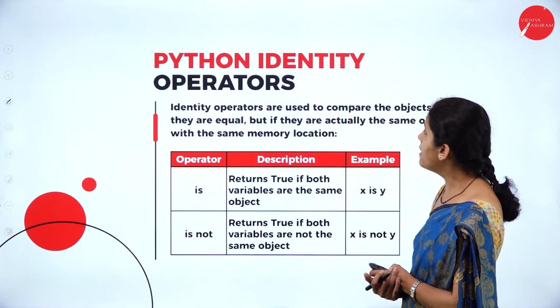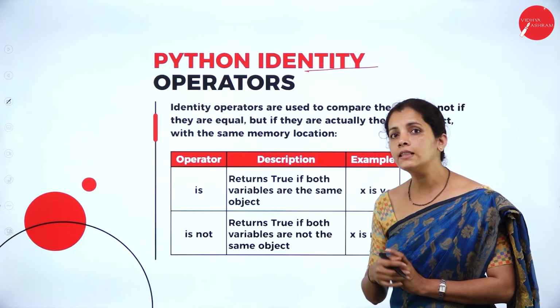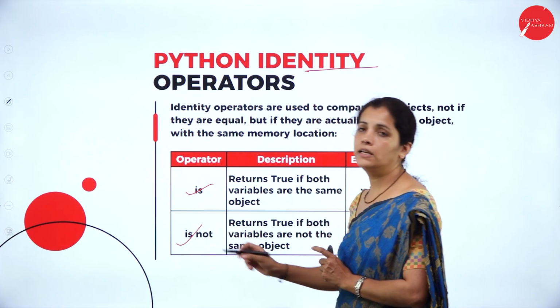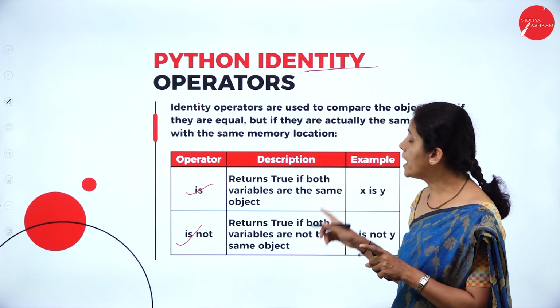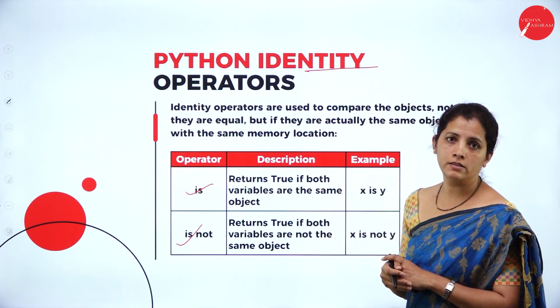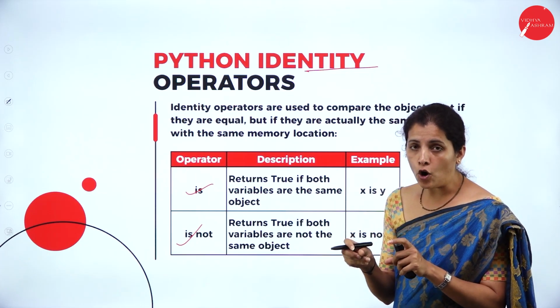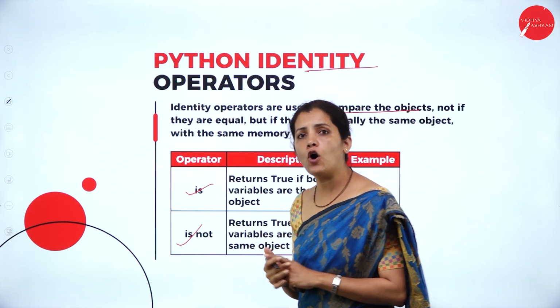And I have identity operators. Which are the identity operators I have? Is and is not. Is and is not are identity operators. So when I'm going to use identity operator, it's used to compare objects.